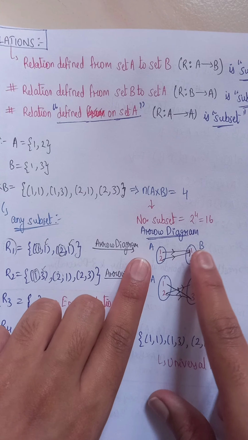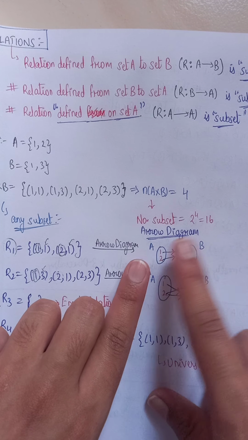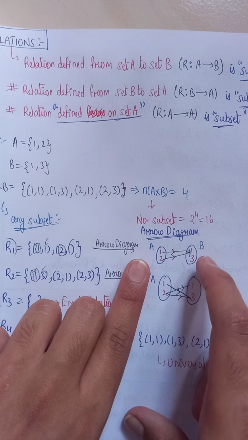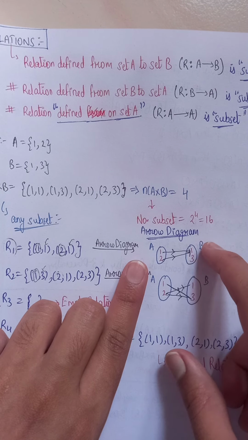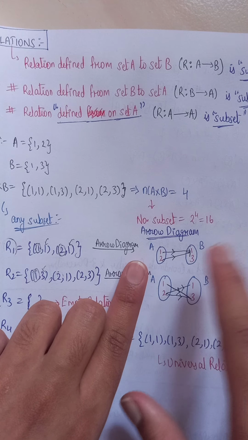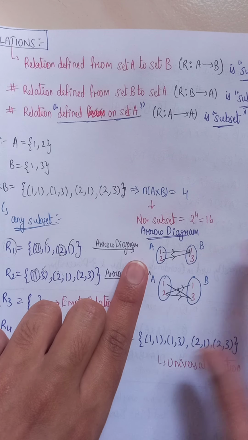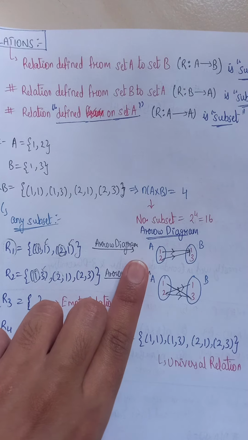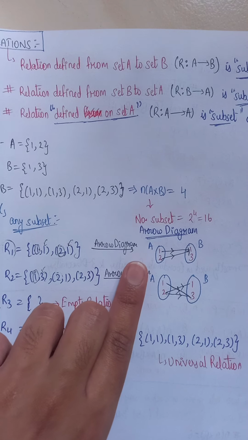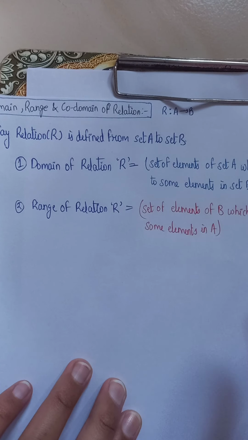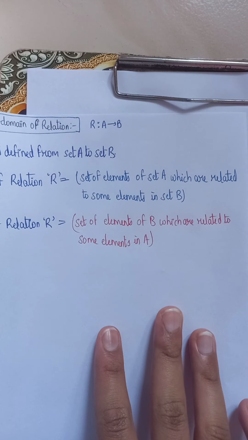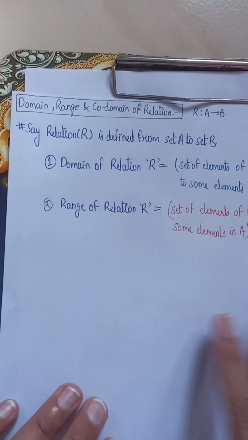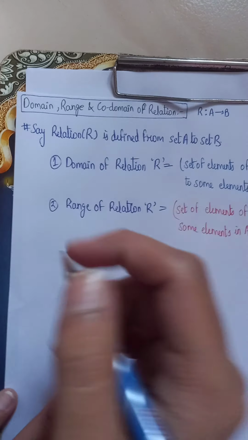If I ask what the range of this one is, I would see set B, and only 1 is related. 3 is not related, since there is no arrow mark for 3, so I would just say 1. That's how you calculate the range. The range is the set of elements of B which are related to some elements in A.